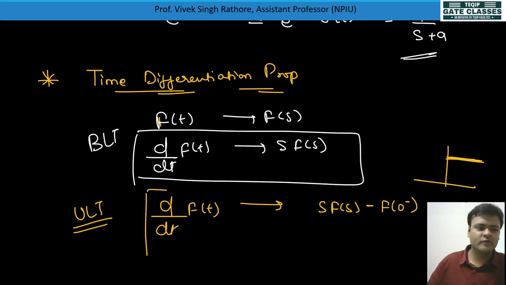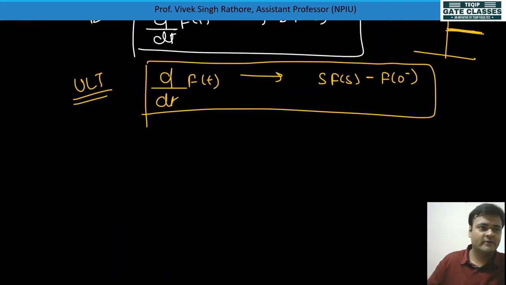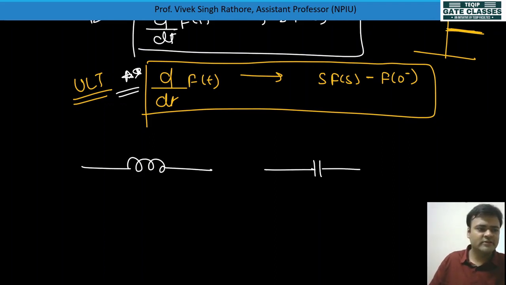You need to understand this, because we can see it in control systems also. Many times this usage will come. When you see an inductor and a capacitor, the inductor stores energy in the form of a magnetic field, and the capacitor stores energy in the form of an electric field.